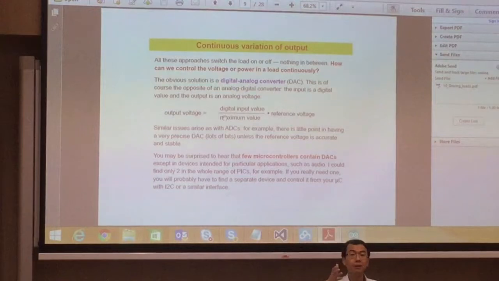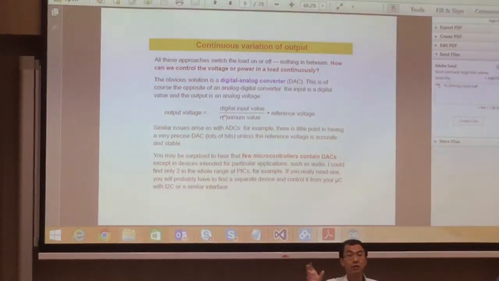If it's 8-bit, the number is from all zeros to all ones. So it's from 0 to 255. For 8-bit, this is the range, 0 to 255.